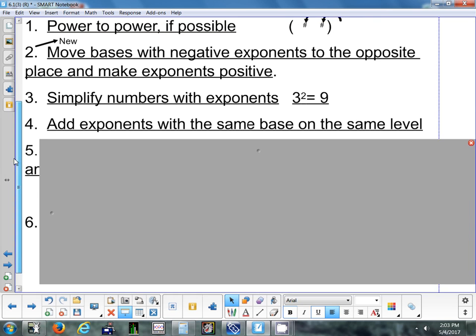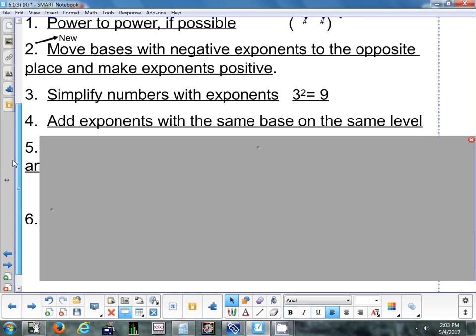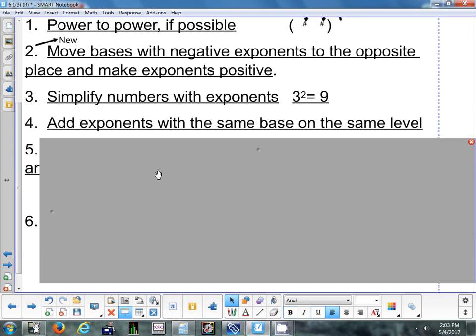We got some space on there for you, and tonight's homework is only one side. If you need to write these on the back side, I would do that. If you don't write these down, we're going to take points off your homework. You need to have these steps written down to get full credit for your homework tomorrow.